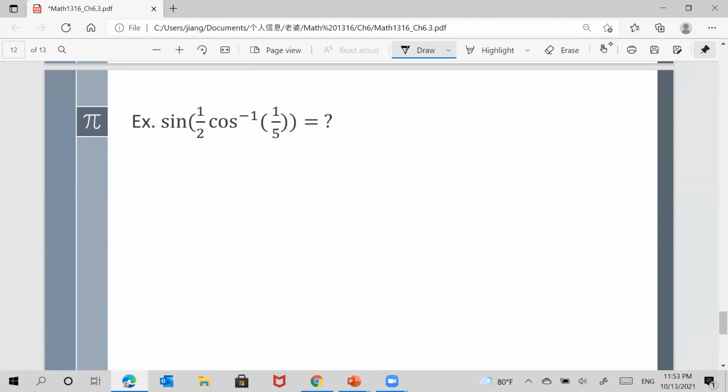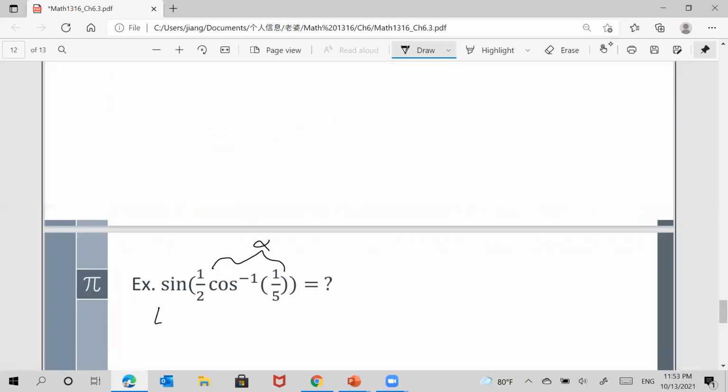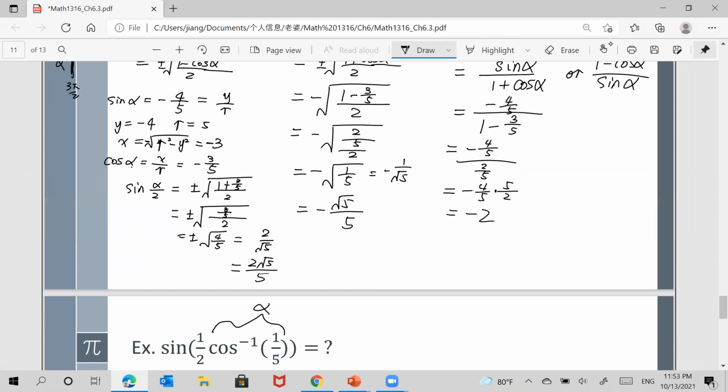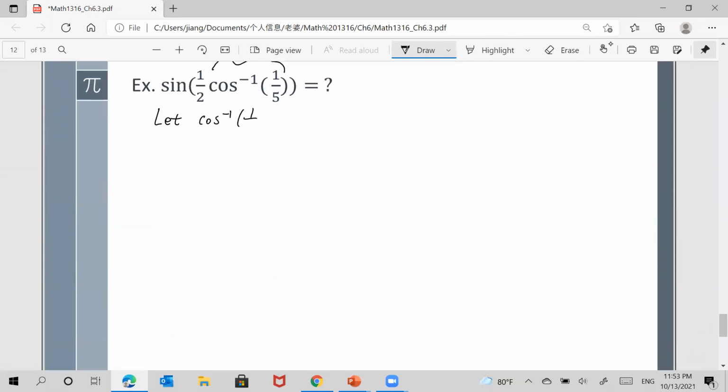So this one, the first thing I know is that the inverse is always an angle. I just say this is alpha: the inverse cosine of 1 over 5 equals alpha, and then we are looking for sine of alpha over 2.